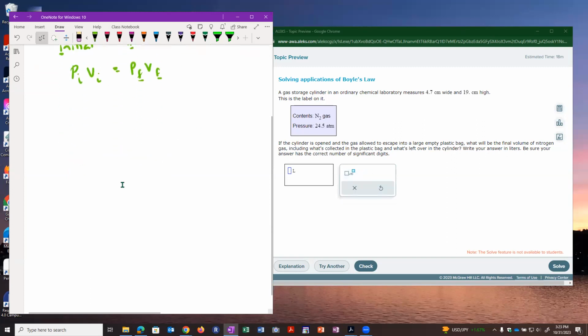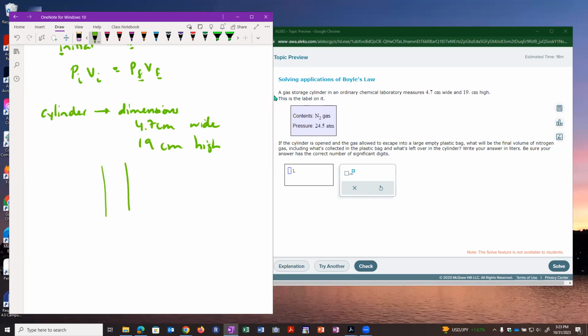So a couple pieces of information we're given here. We're told that we have a gas storage cylinder, and then they give us the dimensions of this. So it's 4.7 centimeters wide, and then it's 19 centimeters high. If you think about a cylinder, it kind of looks like this.